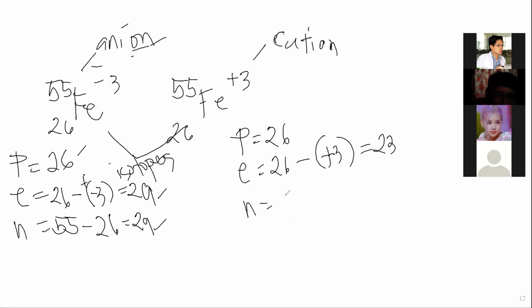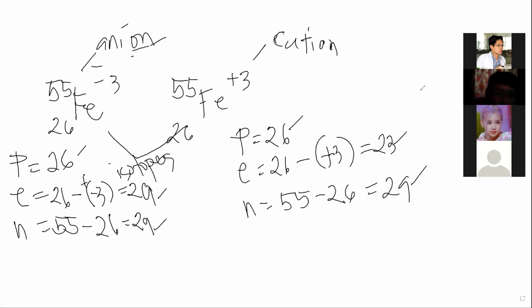Your neutrons is the mass number minus your atomic number, 26, equal to 29. So for Fe plus 3, we have 26 protons, 23 electrons, and 29 neutrons.